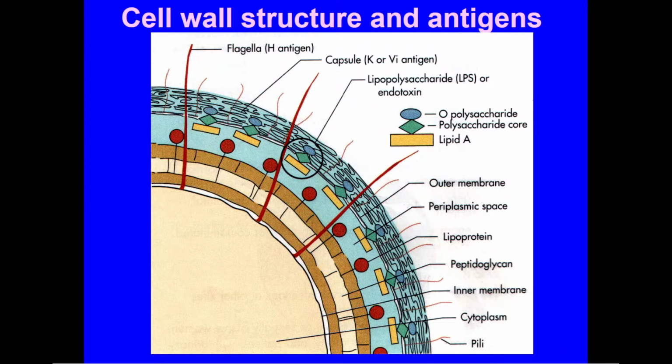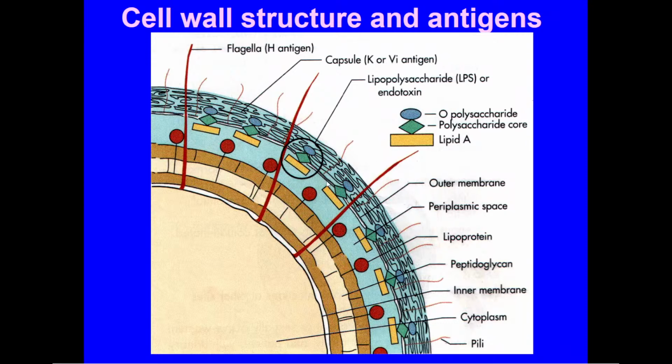These are carbohydrate side chains of the backbone polysaccharide core that are usually expressed on the surface of the outer membrane, and they are quite immunogenic, so antibodies can be produced against this polysaccharide portion, the so-called O somatic antigen.